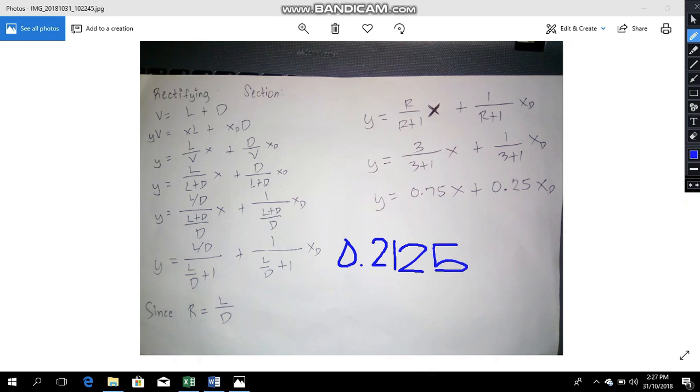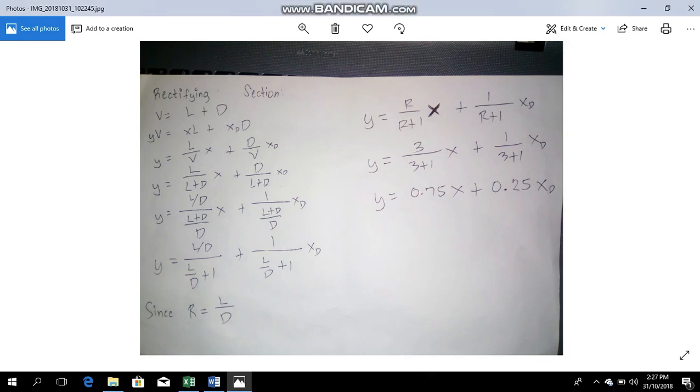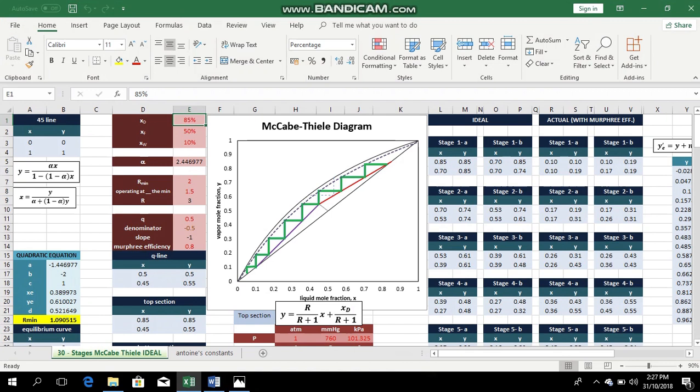So that's our y-intercept. So we will plot this equation in our Excel. Remember, y is equal to 0.75x plus 0.2125. We will start at the point of 0.85 and 0.85. So this is that point.